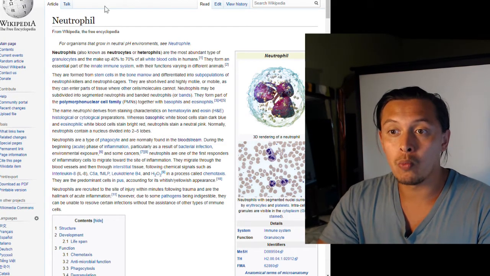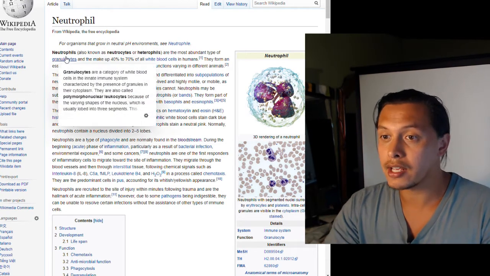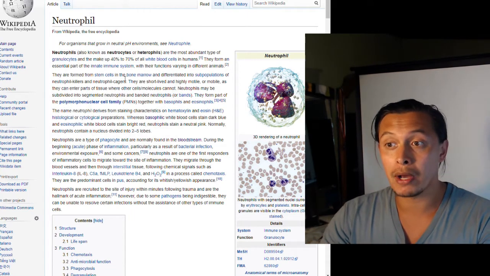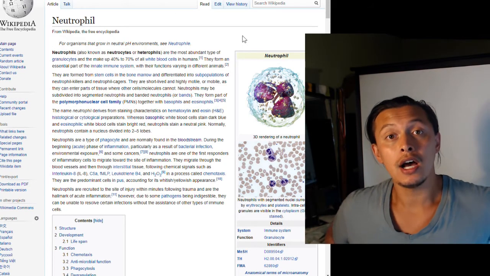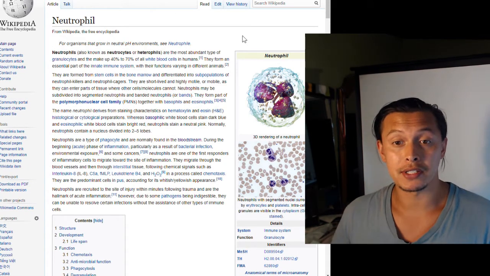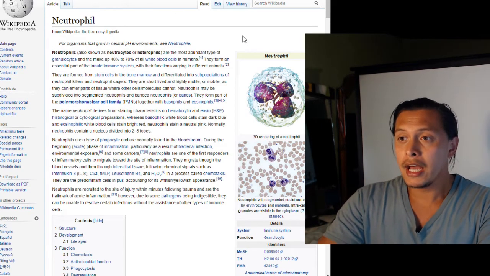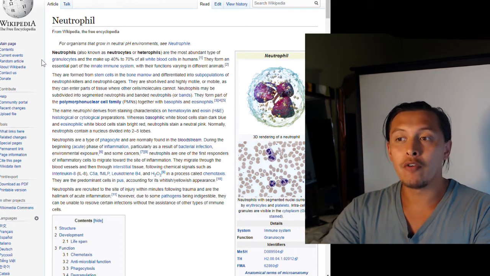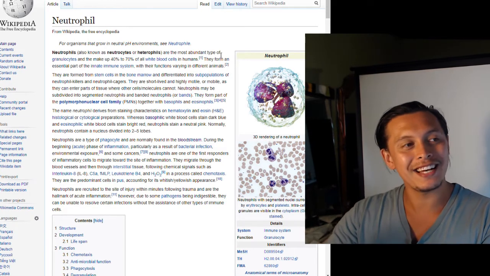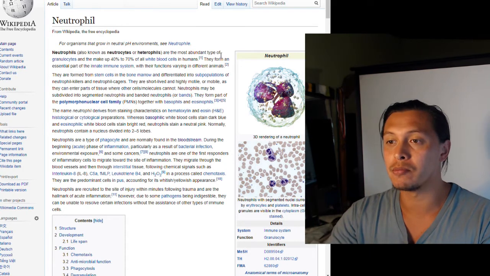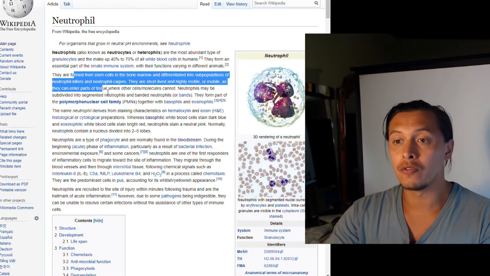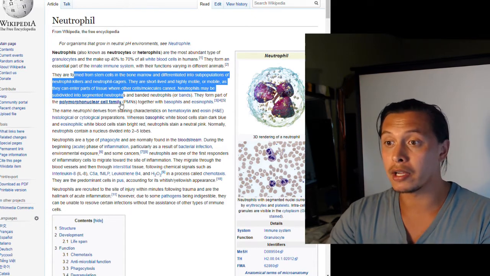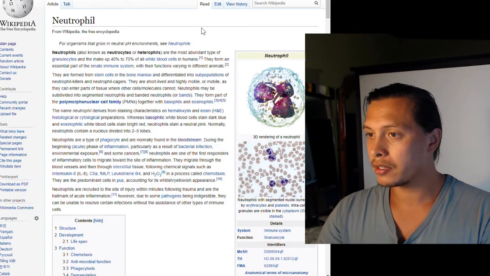So neutrophils are a type of granulocyte, and they make up 40 to 70% of all white blood cells in humans. So this is when a lot of us think of white blood cells. This is one of the major white blood cells that we think of, and they form an essential part of the innate immune system, with their functions varying in different animals. They're formed from stem cells in the bone marrow, like many other cells.